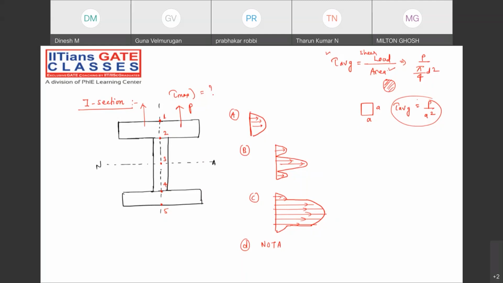Yes. So all of you agree with option C. Without derivation also we can draw the diagram. I will show you. See.